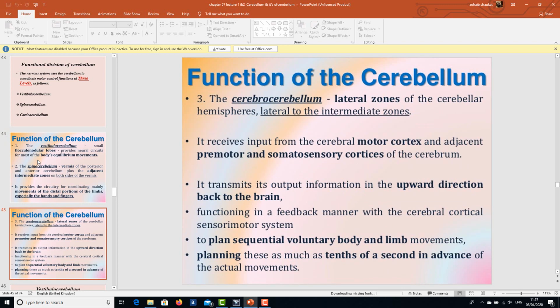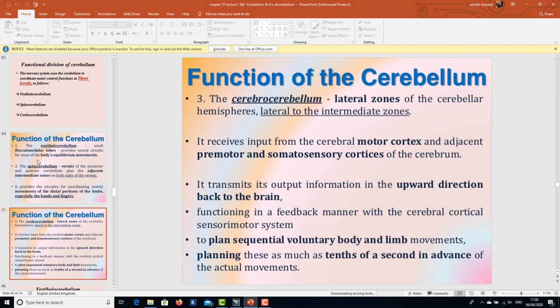The cerebrocerebellum, the lateral zones of the cerebellar hemispheres, lateral to the intermediate zones, receives input from the cerebral motor cortex and adjacent premotor and somatosensory cortices.